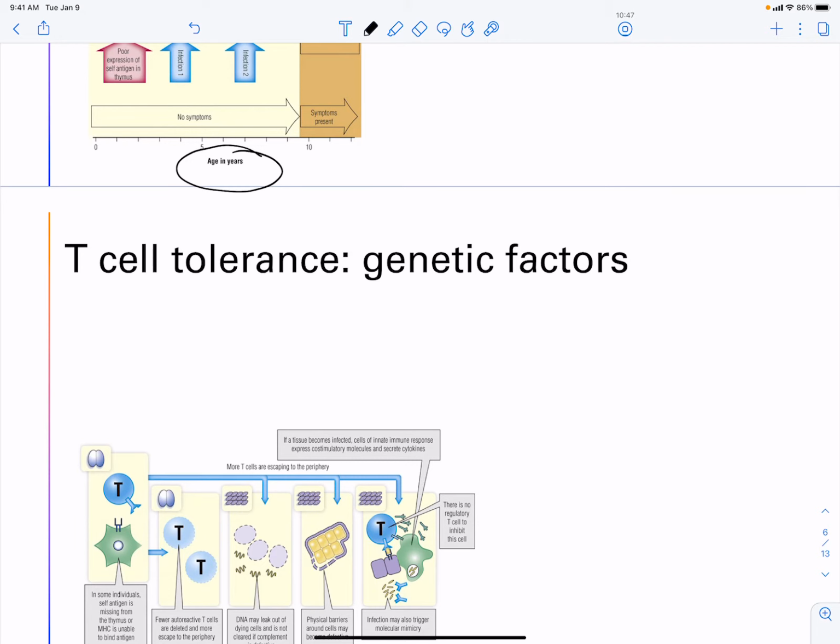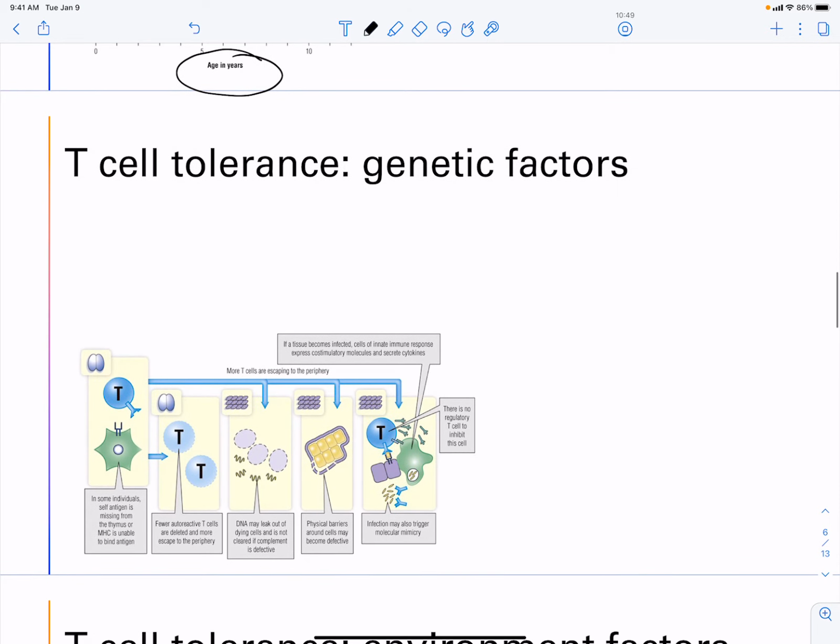Okay, so we have genetic factors that are going to have an influence as well on autoimmunity.